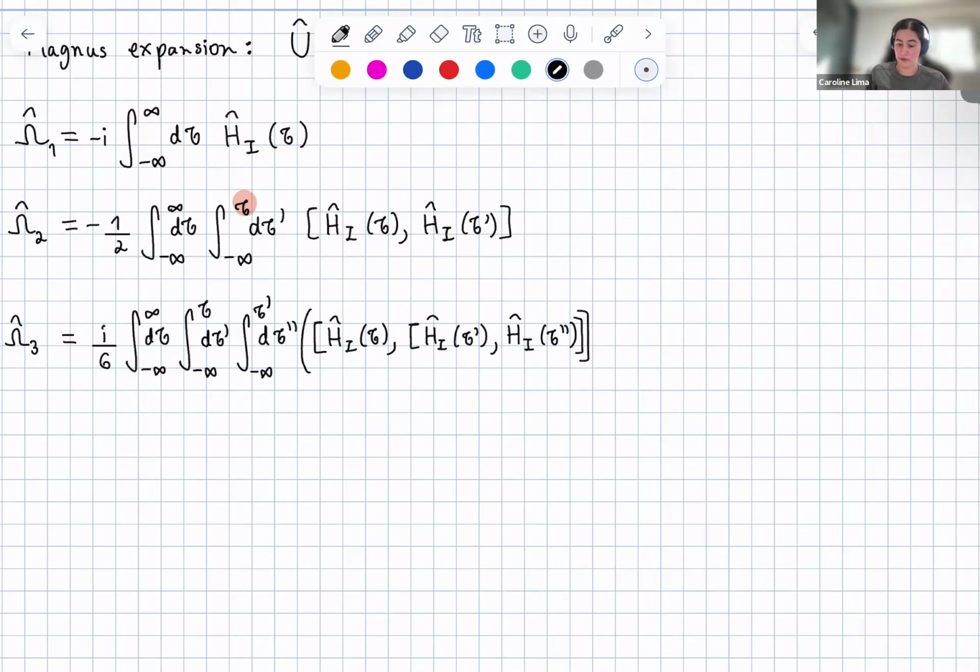So this nested commutator plus another nested commutator, which is going to be H_I of tau double prime with the commutator of H_I of tau prime and H_I of tau. So this commutator, that commutator, then close for the sum. And then you can continue this.